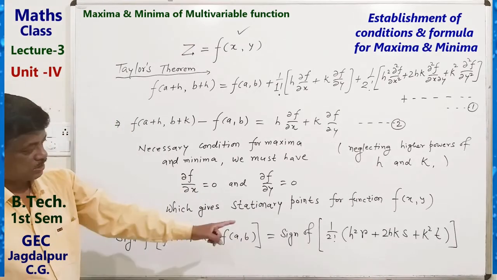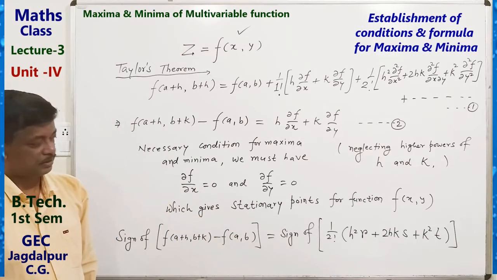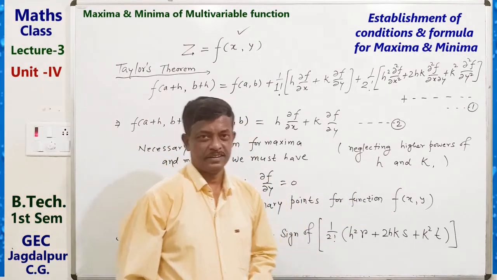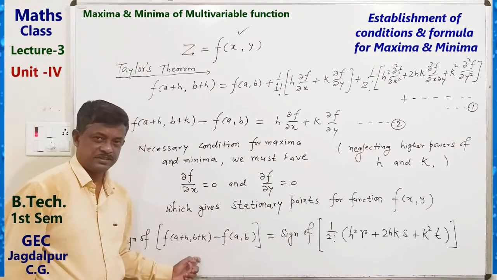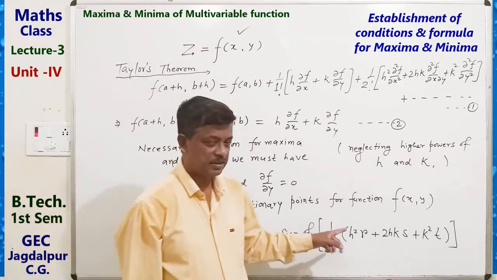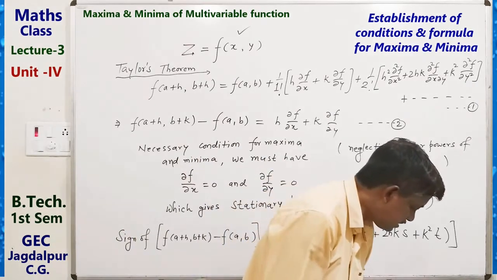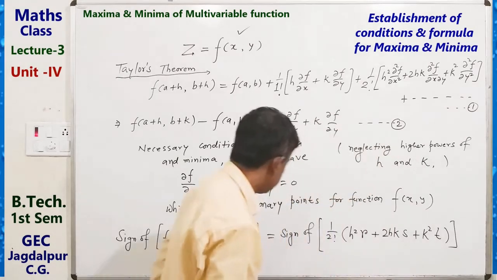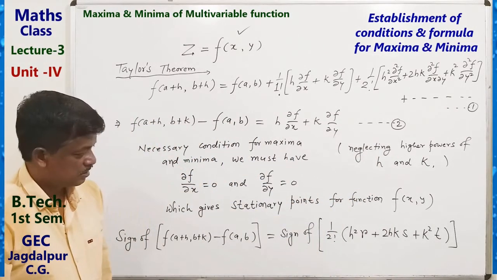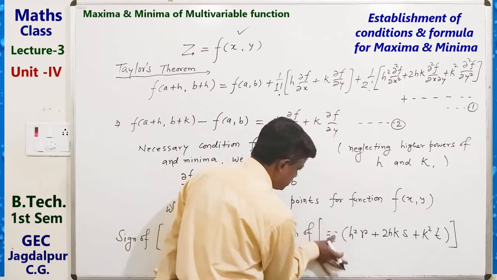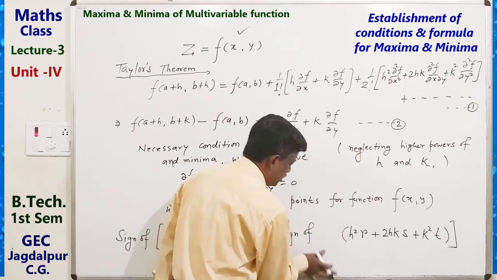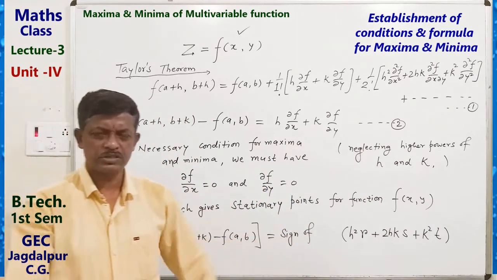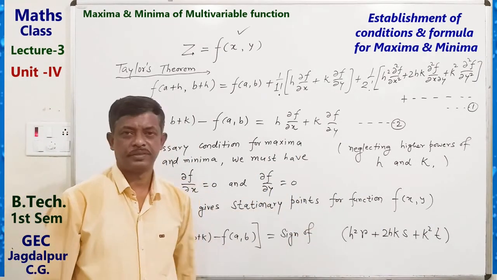Okay, sign of this. From here we can get the condition. Sign of this is the same as the sign of this, because 1 upon 2 factorial is positive.